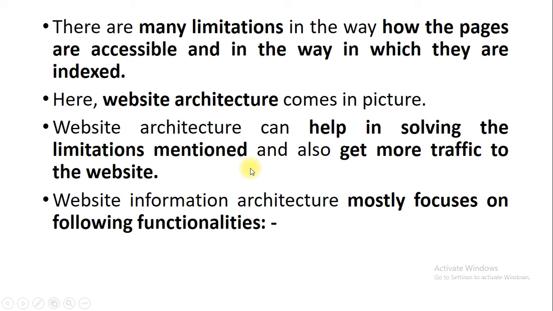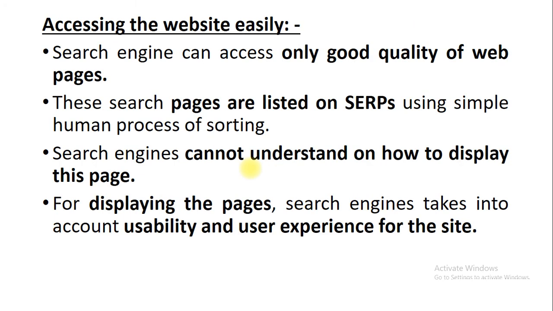Now there are various functionalities available with website information architecture. First is accessing the website easily. That means you need to create your website in such a way that it can be easily found by the search engine as well as by the user.